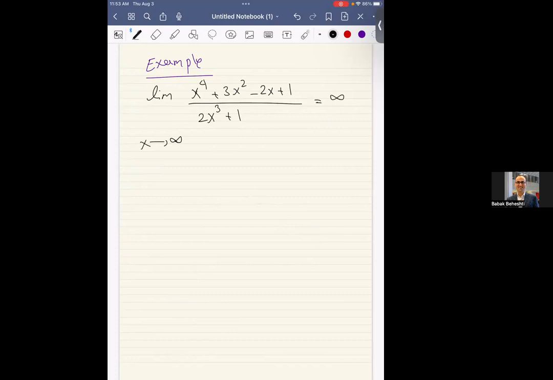Here the degree of the denominator is less than the degree of the numerator. So here the degree is 4. The degree of the denominator is 3.